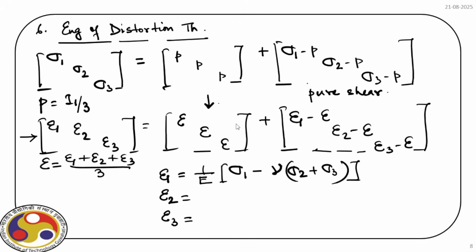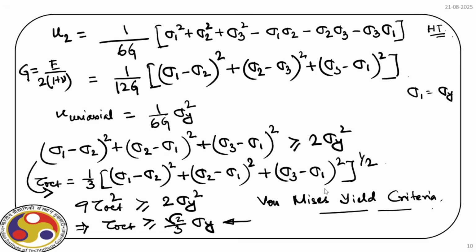First one is the hydrostatic component and the second one is the deviatory component, and under special conditions it becomes a state of pure shear, and that actually distorts the material, and from that we derive this criteria, and that's how we develop different failure theories. So what we'll do, we'll conclude with one small example, and that will give you an idea how these failure theories are used for the purpose of design.